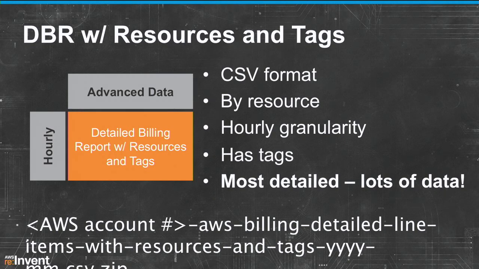It's by resource, meaning it's not aggregated. Each resource that you run on AWS produces 720 or 744 records on the report at least. For some of our biggest customers, this report is 3.5 gig compressed. It's hourly granularity, it has tags, and it has lots and lots of data.